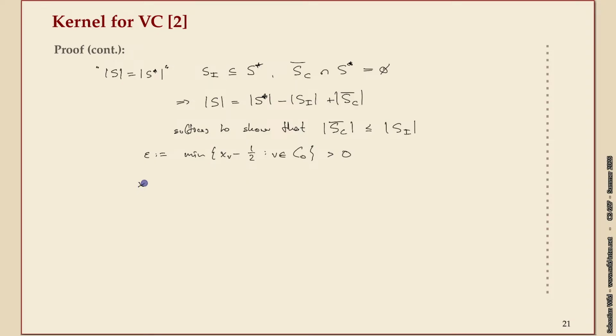And so now we'll define some new vector, which is the same as x star, except for some entries.